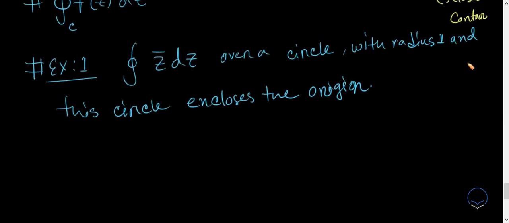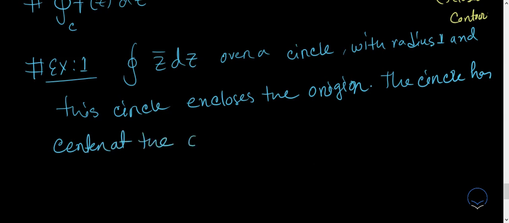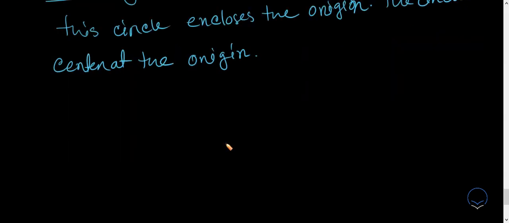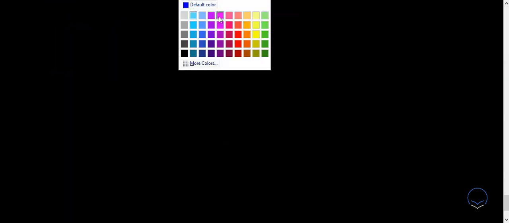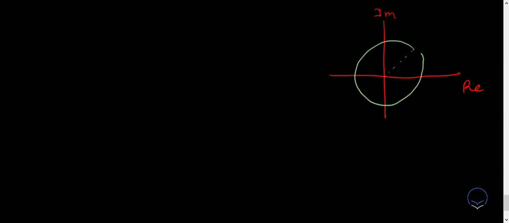So let's add another constraint, that is the circle has center at the origin. So the first thing we are going to do is that we are going to draw the contour itself on one side. So let's say this is my Argand diagram, and this is some unit radius, and this is our circle.